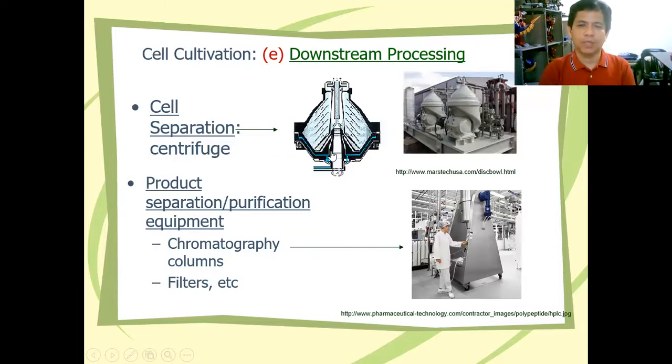So, may iwan yung cells dun sa centrifuge. Lalabas yung liquid. So, that's one way to purify the product. Halimbawa, ang product niyo single cell protein, di ba? May iwan siya dun sa centrifuge. Pwede rin yung mga product separation and purification equipment like filters, no? Chromatographic column, distillation columns. These are example of downstream equipments.